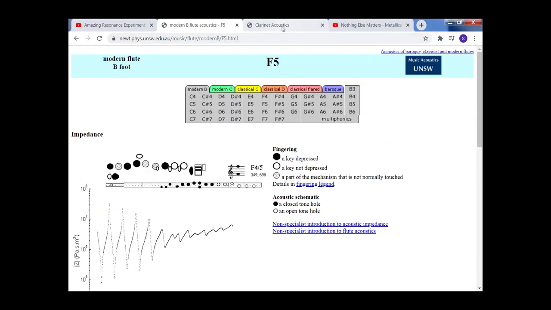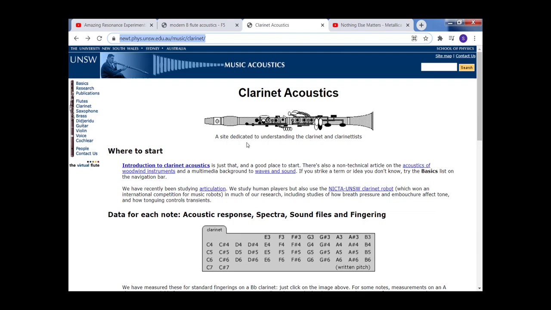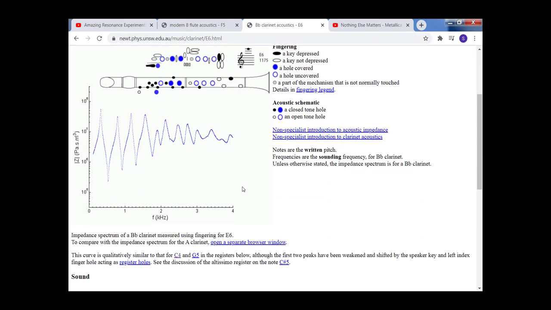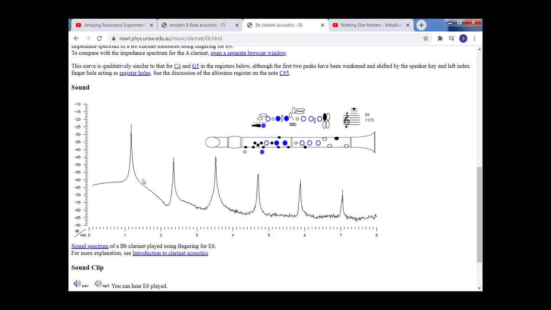If we go and look instead at the clarinet, okay. If you look at high frequencies like E6, you very clearly see all harmonics. No question there.